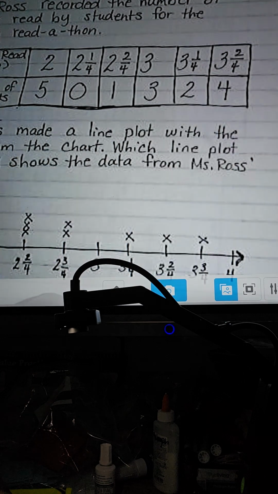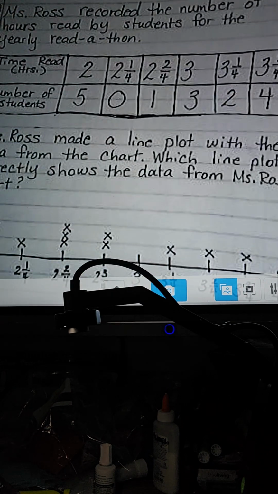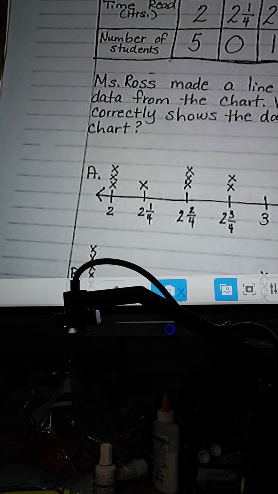Okay? All right, so Miss Ross made a line plot with the data from the chart. Which line plot correctly shows the data from Miss Ross's chart? So we start with 2, we end with 4. So for 2 hours, how many people read for 2 hours? 5. Look at your chart.